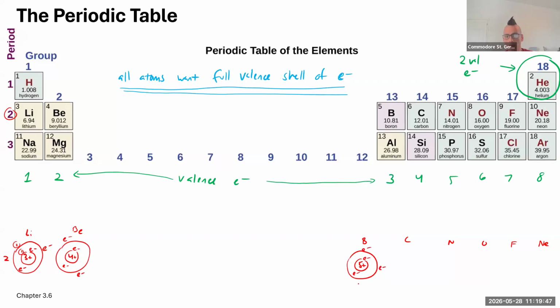So 1, 2, 3, and then 2 in the middle for 5. This is 6 plus, 7 plus, 8 plus, 9 plus, 10 plus. Again, 2 energy levels. I swear I'm going somewhere with this, not just drawing circles.